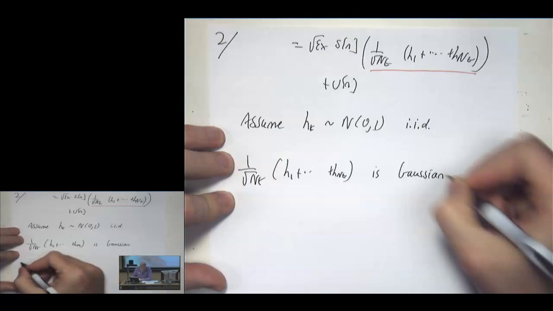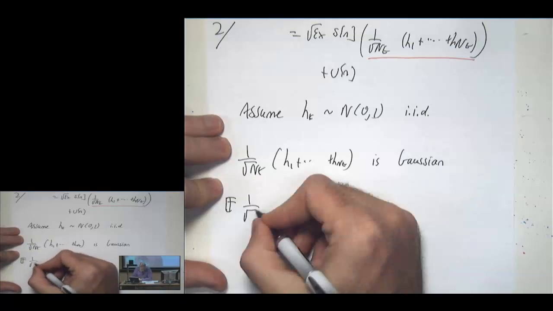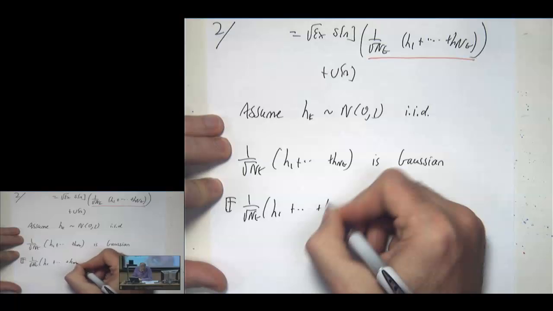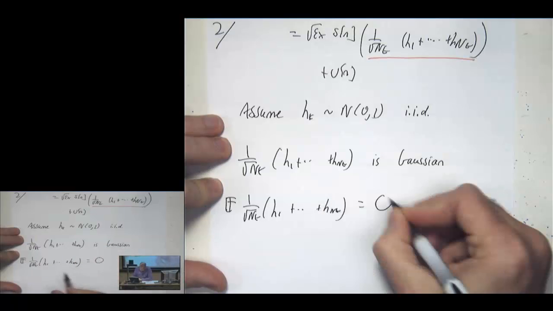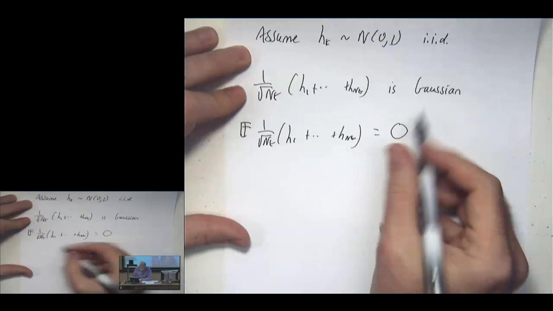So let's compute the mean. The expected value of 1 over square root of NT, h1 plus ... h of NT is equal to 0, because each of them is zero mean. So the sum of zeros is 0. And now let's look at the variance.